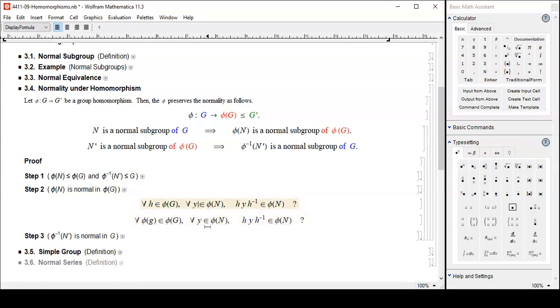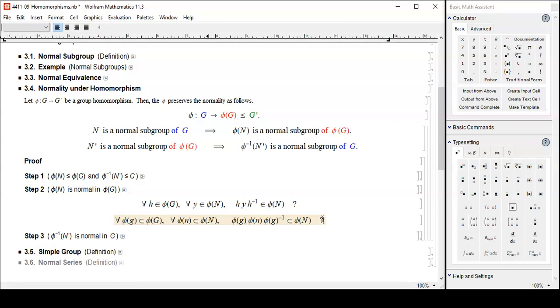Arbitrary element here is a function value, so this y should be a phi of some x, phi of n rather. So this thing can be rewritten as phi of g, and then this one is phi of g inverse, and this one is going to be phi of n. So that's what you have to prove.